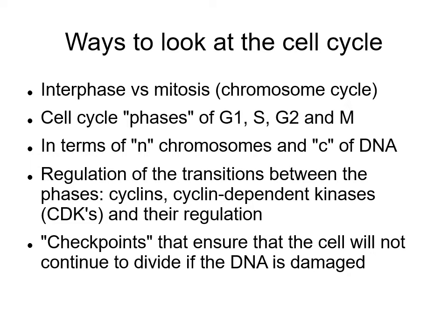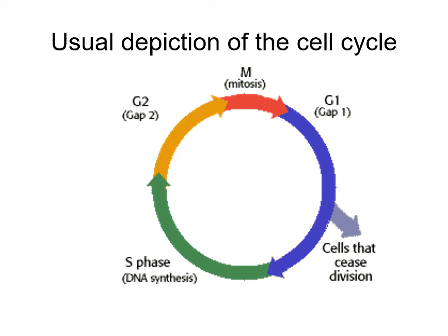Okay, cell cycle, interphase versus mitosis. The cell cycle has phases G1, S, G2, and M. And we're going to think about that in terms of N chromosomes and C of DNA. So here's our usual depiction of a cell cycle, where we start with G1, which is the growth period, also called gap 1, where the cells are increasing in size, and they are making more proteins, but they're not doing DNA synthesis.